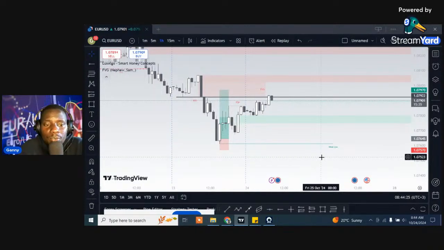Now, when it comes to these areas of interest, what price usually ends up doing is that on the next day it taps back into these areas of interest to collect any kind of liquidity that might be resting around these levels. Then once it has gotten that liquidity, this is when price actually moves in the opposite direction. This kind of scenario keeps happening over and over and over.